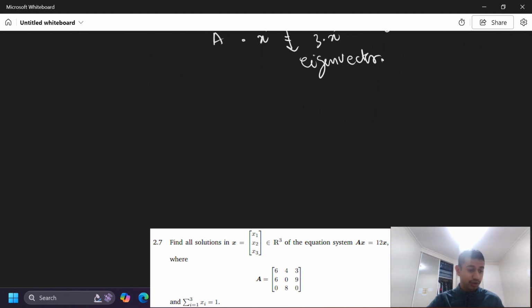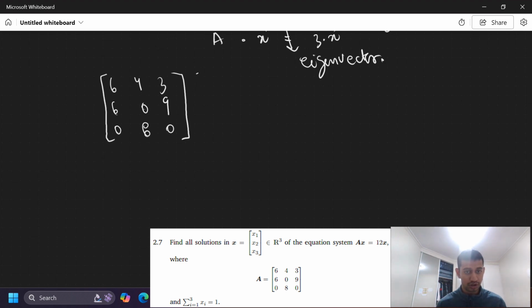In this example, we notice that we have been given something similar. We have some A, which is 6, 4, 3, 6, 0, 9, 0, 8, 0. And you multiply this with x1, x2, x3.